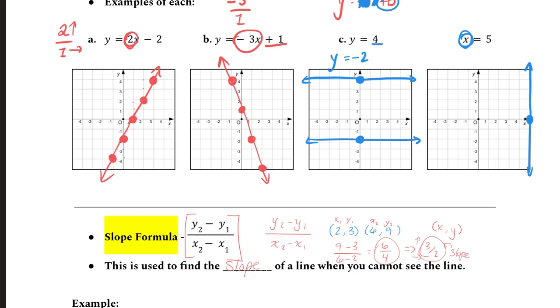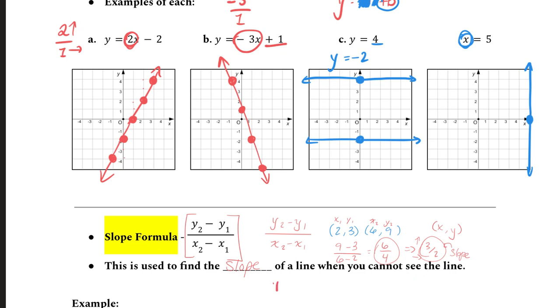Let's go ahead and do this one right here. It says, what's the slope of a line that passes through the points (2, -3) and (6, 2)? Let's label our points first. We have x1 and y1, and then x2 and y2.